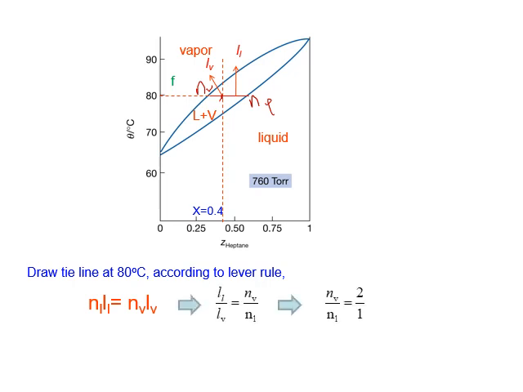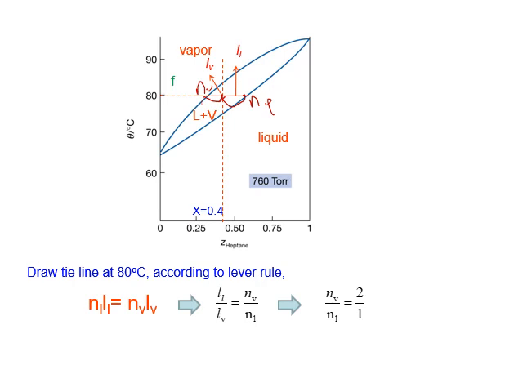So modify this equation: N_V divided by N_L should be L_L divided by L_V. L_V can be measured in this diagram. You can see L_L is slightly longer, it's actually twice that. And therefore, N_V divided by N_L is 2/1.